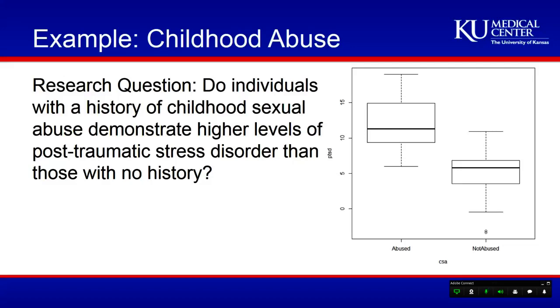So if I have a group of individuals and I give them a questionnaire to measure their PTSD as adults, and also ask them about their history of childhood sexual abuse, I can classify them according to that independent variable, which is again categorical, and then visualize their differences in PTSD levels between the two groups. So this is a classic ANOVA situation, categorical X, continuous Y.